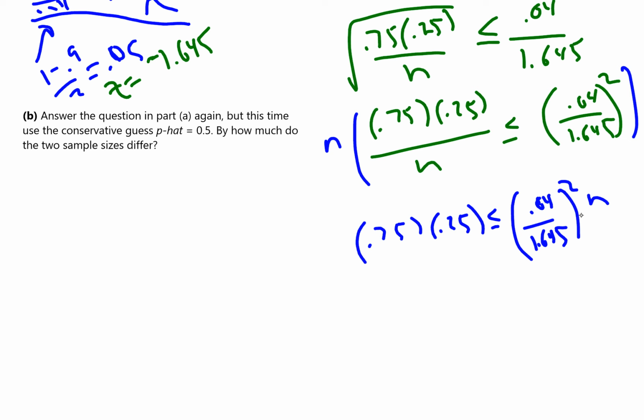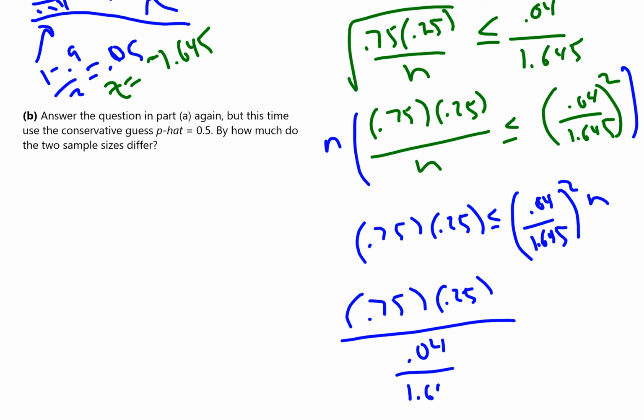times n. And then finally, we're going to divide by that whole crazy thing. So we end up getting 0.75 times 0.25 all over 0.04 over 1.645, squared, is less than or equal to n. Let's type that in the calculator and see what we get.